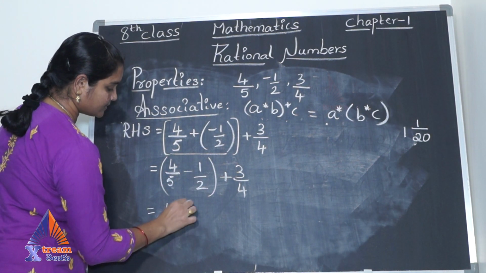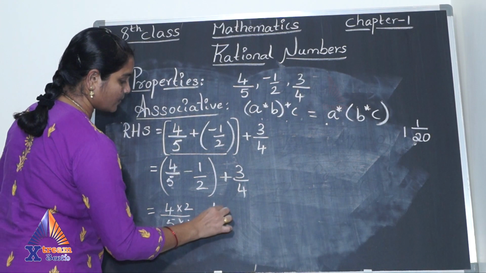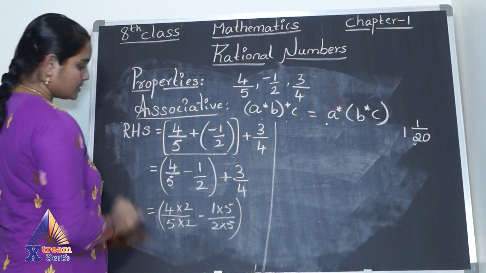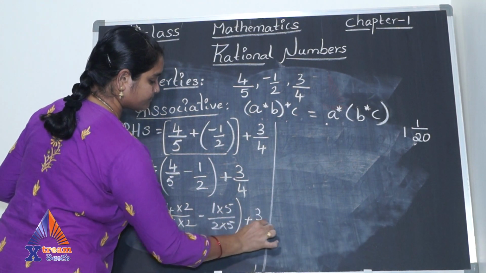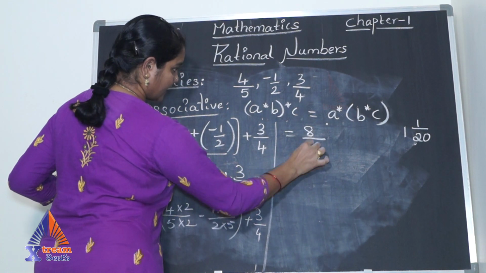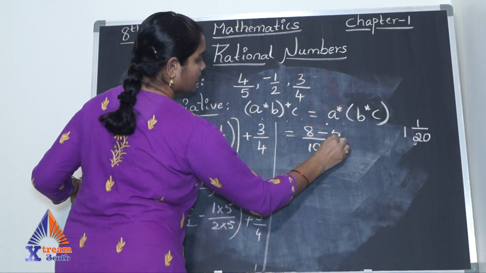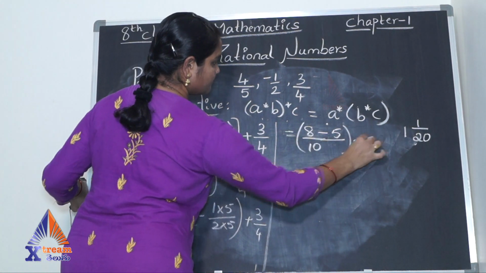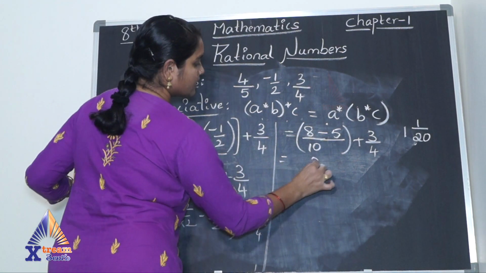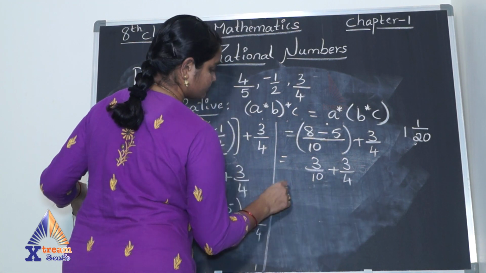So 4 into 2 by 5 into 2 minus 1 into 5 by 2 into 5, plus 3 by 4. Where we get 8 minus 5 by 10 plus 3 by 4. 3 by 10 plus 3 by 4.